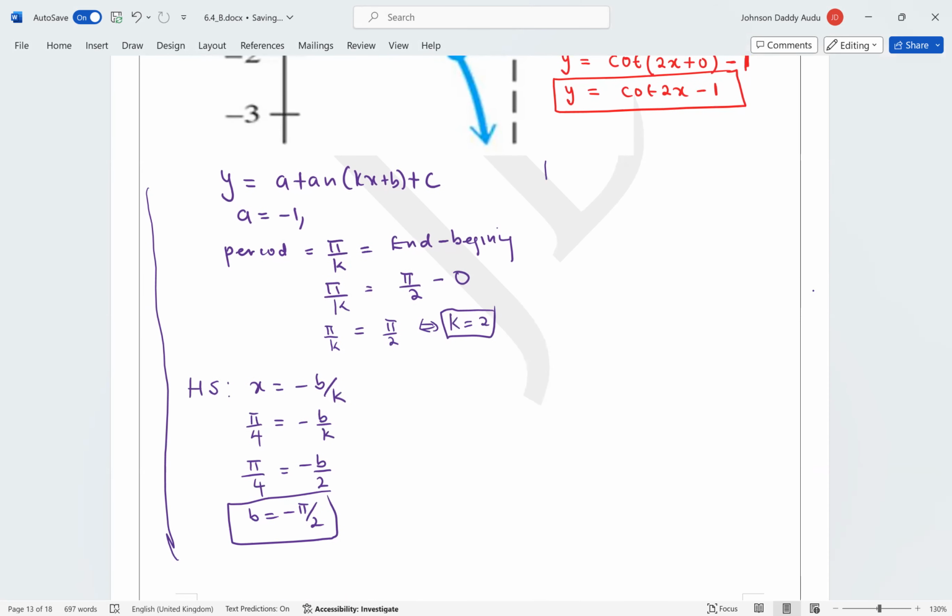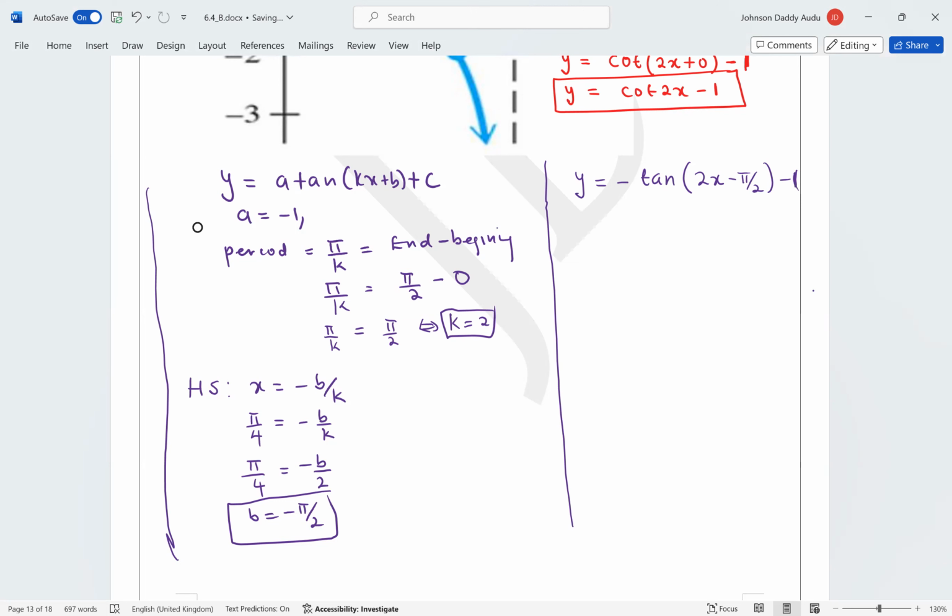Now, with this, it means that we can write our equation as minus tan(2x minus pi over 2), then minus 1. So this is also another possible equation for that graph.